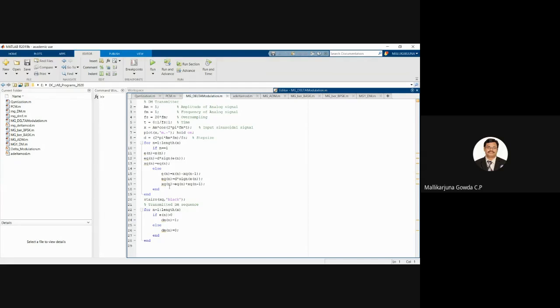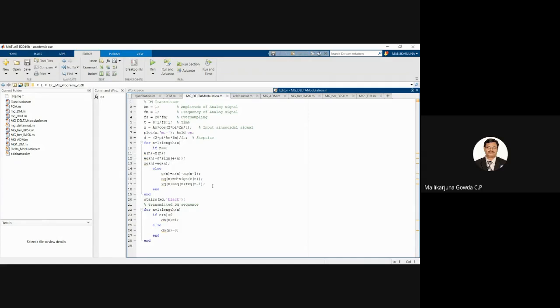Then xq of n will be equal to EQ of n plus xq of n minus 1. Because in the accumulator, xq of n is the input to the prediction filter or delay element. That is equal to EQ of n plus xq of n minus 1 only, no?